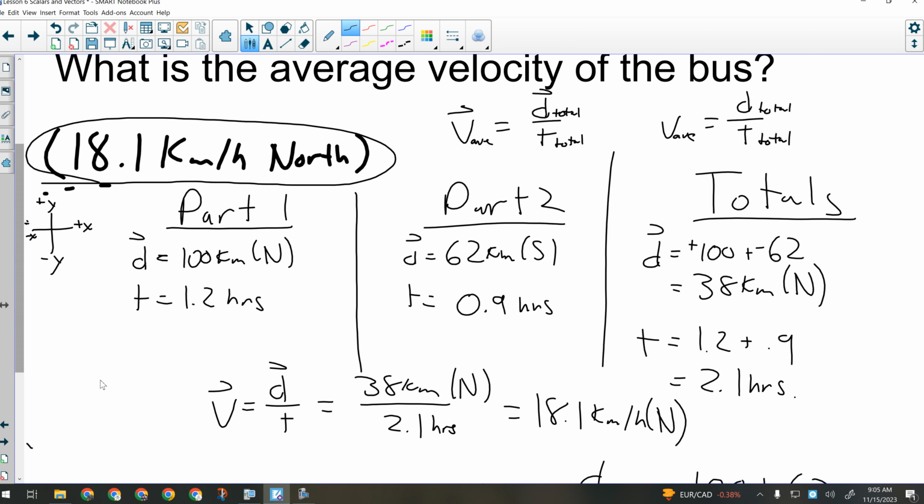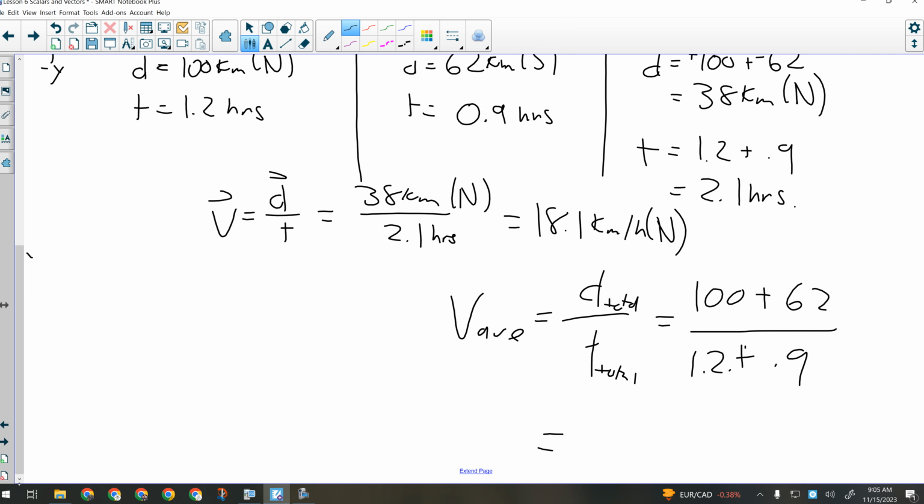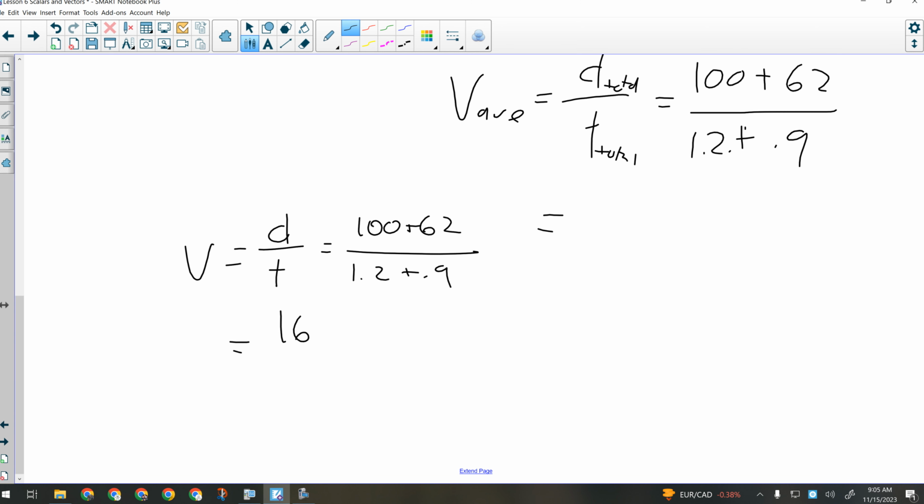It's just how far did you go and how long did it take you to do it. So if I was calculating the average speed, I would have total distance divided by total time, which we said would be 100 plus 62 divided by 1.2 plus 0.9, which would be 162 over 2.1.